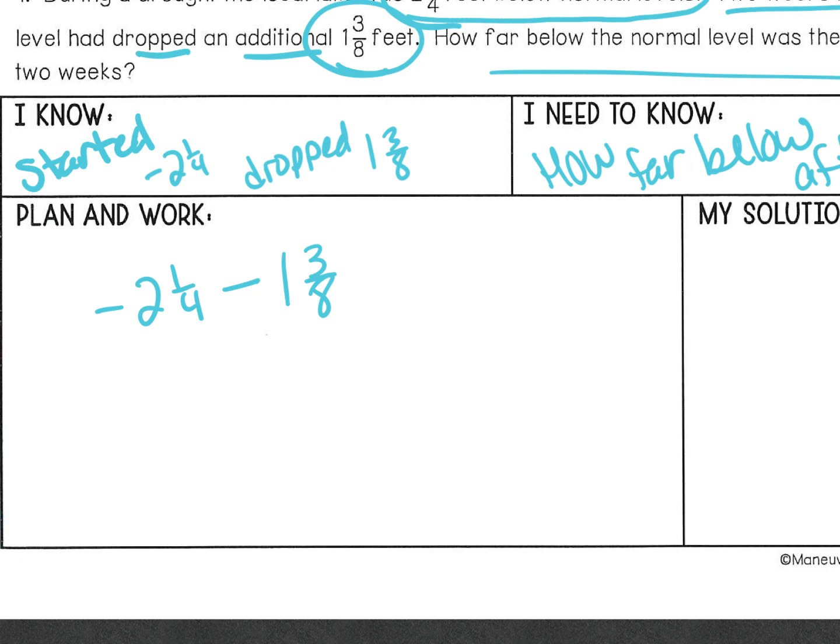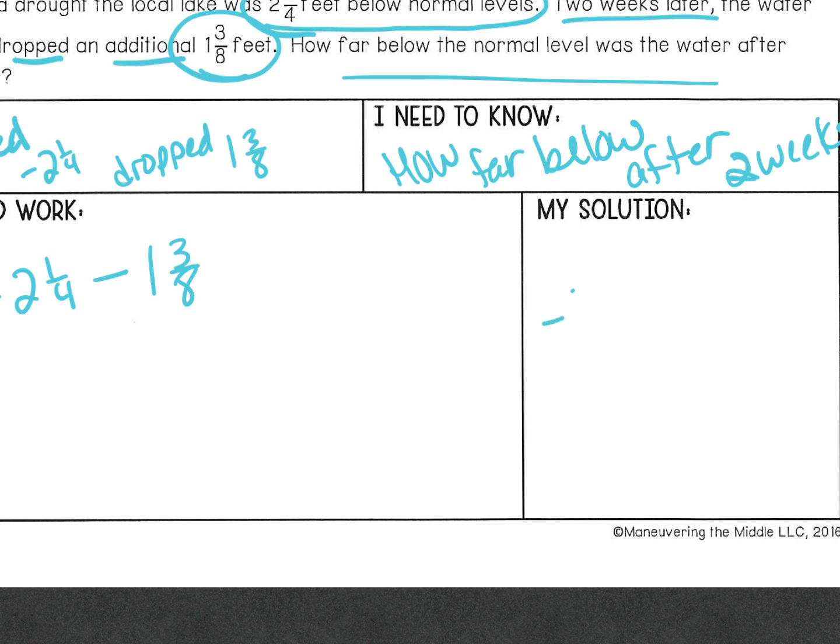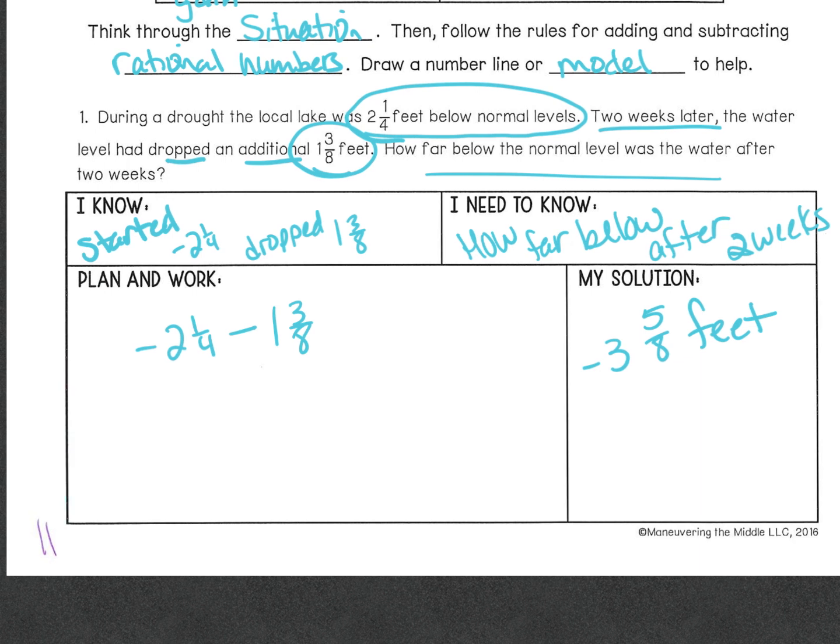If you need to, pause it so you can do the math here. Once you got that done, make sure that you've tried practicing these on your calculator because that will help you. So it dropped negative 3 5/8 feet over those 2 weeks. So those keywords are important to help you. Okay, so make sure that you complete pages 8 through 12 all on adding and subtracting rationals.